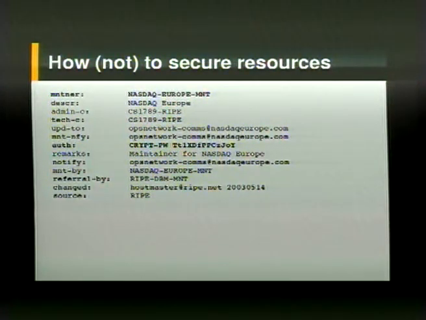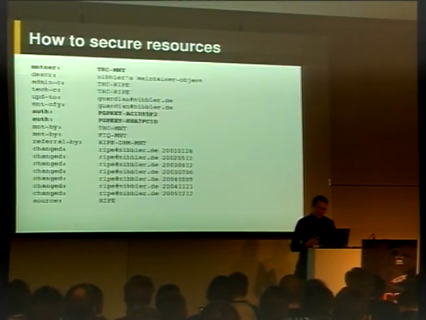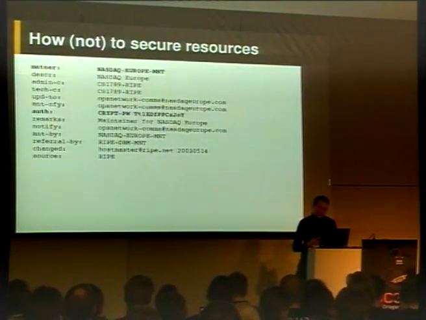There are, of course, mechanisms to prevent or at least to notify people when changes are going on. You can put a notify line into your object. So when somebody changes that object, an email is sent out to that email address. But that obviously does not give direct protection, you just see it when it's too late.